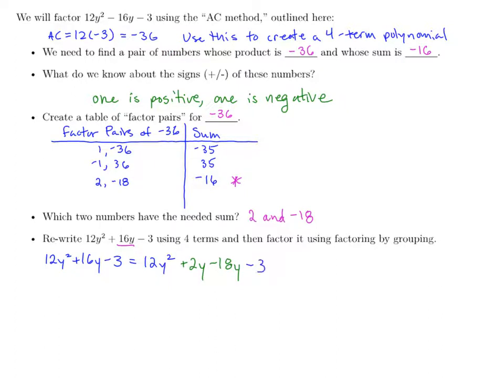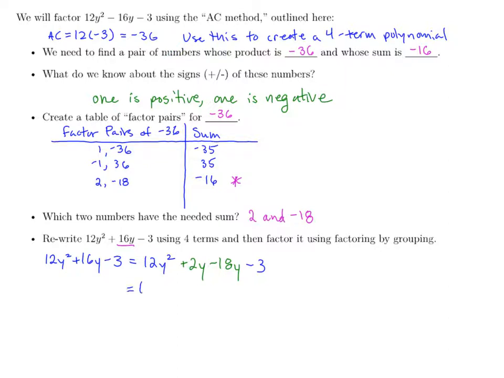So we've used that 2 and negative 18 to rewrite 16y as positive 2y minus 18y. Now that we've done that, we will group this into 2 groups of 2. So we'll have 2 binomials then that are grouped, and then we'll use factoring by grouping.